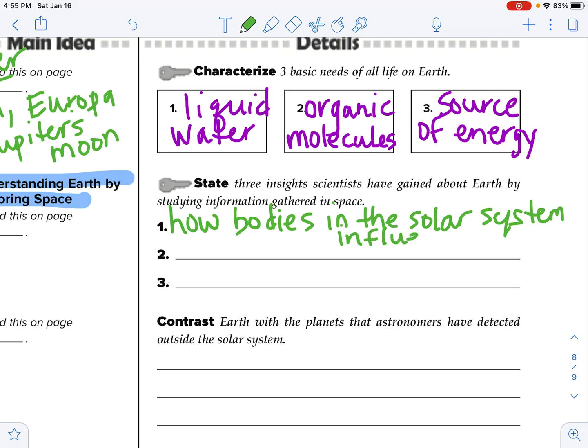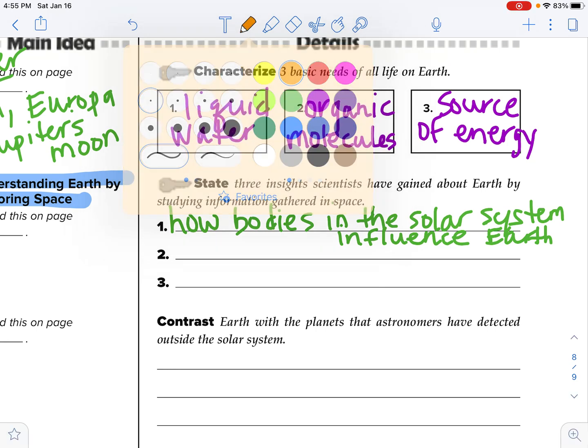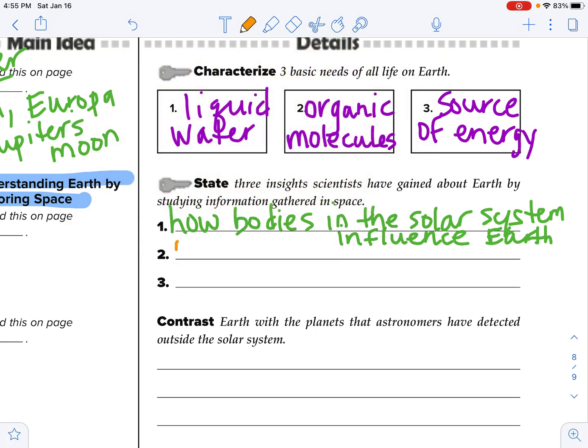The second one is how Earth formed. And the third one is how Earth supports life.